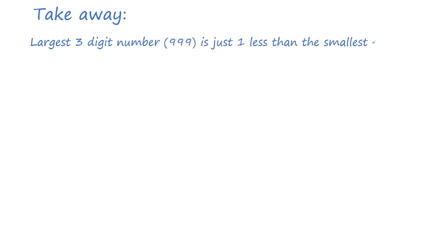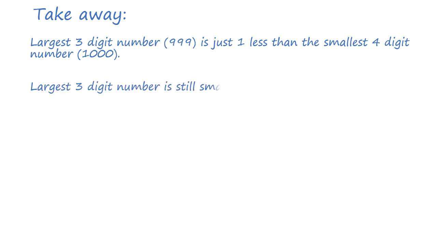So we found something interesting in the last slide, and the takeaway is that the largest 3-digit number, 999, is just one less than the smallest 4-digit number, which is 1000. So 999 is close but still less than 1000. So the largest 3-digit number is still smaller than the smallest 4-digit number.